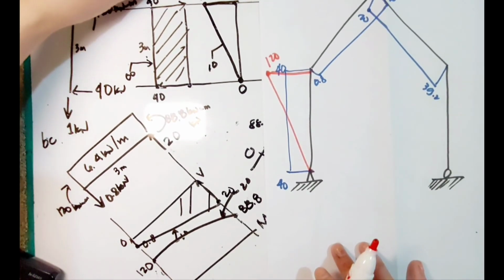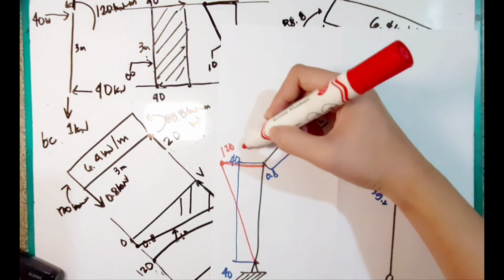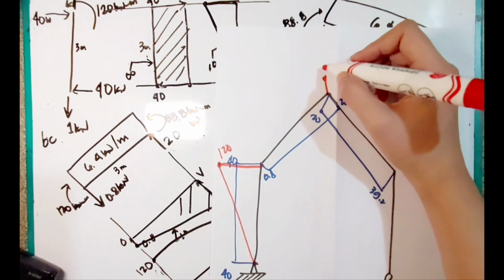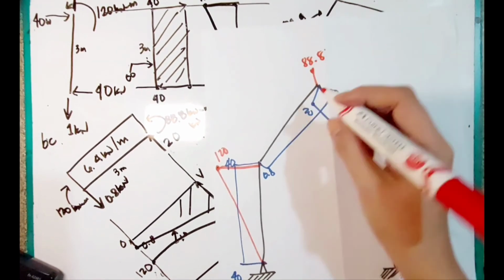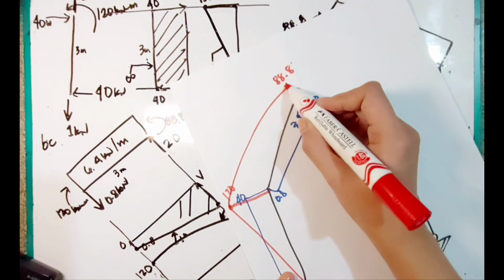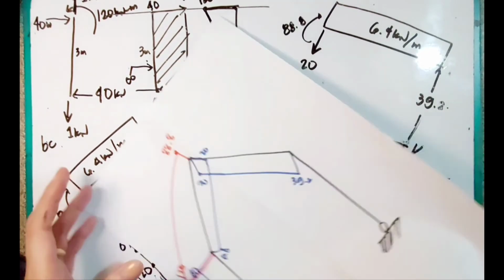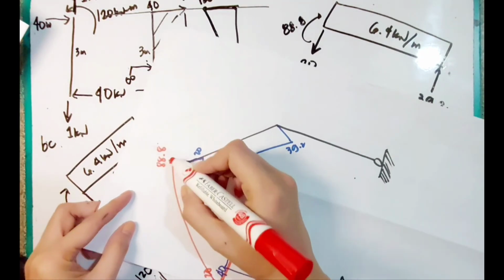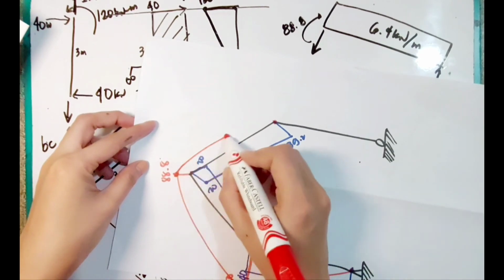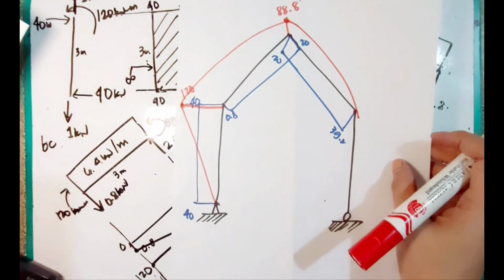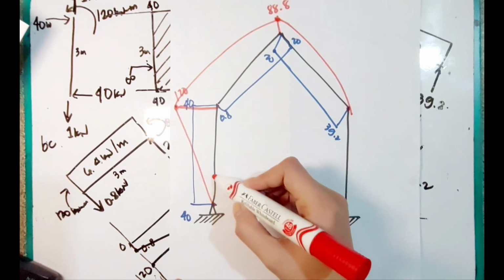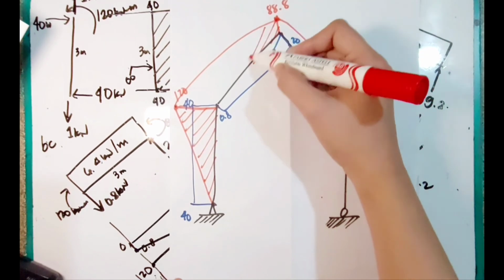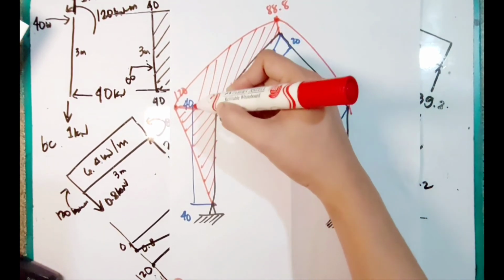You can take it here and put 88.8 here. Next, we have 88.8 and then 0. So, from this point, go to 0. So, your figure of the moment diagram is like that. Then just shade it, so you can see the value of your moment diagram.